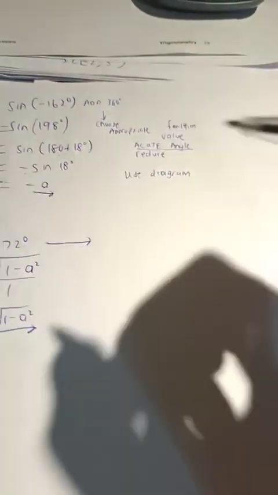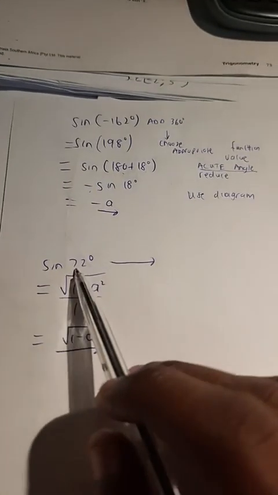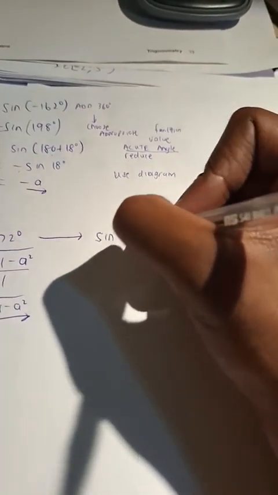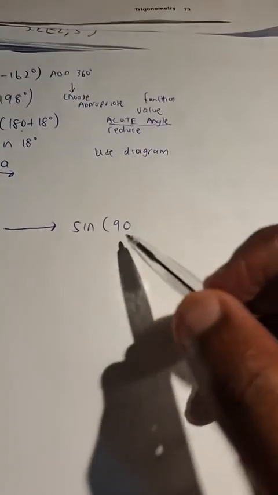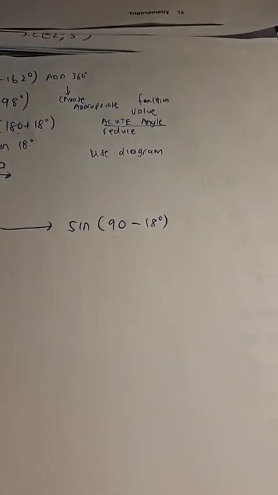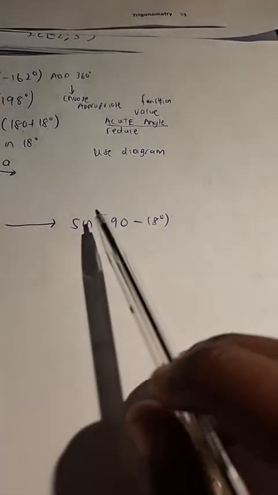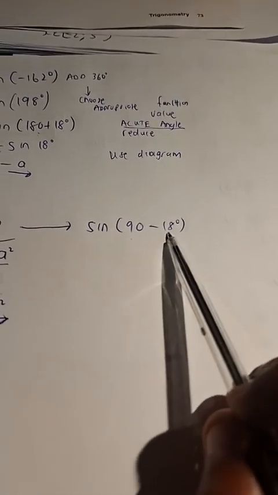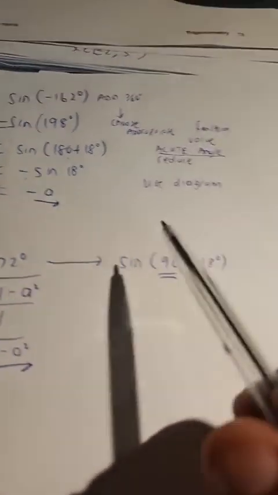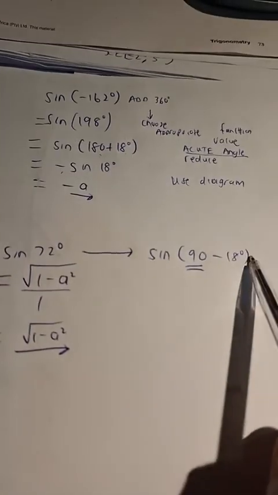Okay, or someone else could do it this way. Some people would reduce sine 72 degrees to its cofunction using the cofunction value. Sine of 90 minus 18 degrees. Those who insist on working with 18 degrees, sine of 90 minus 18 degrees. See, now we are using the co-ratio. The angle is already acute, but we can use the complementary.